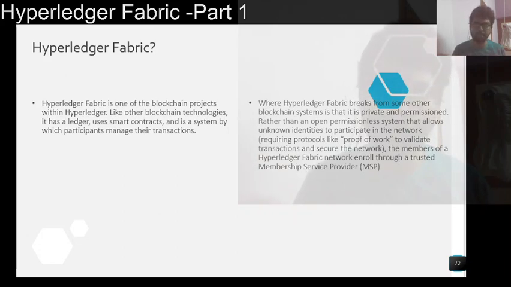It is not a cryptocurrency. The protocol which Hyperledger Fabric uses is PBFT, the pluggable Byzantine fault tolerant protocol. Basically, it's a fault tolerant protocol which replaces the proof of work protocol in the blockchain network, and it doesn't require any mining.